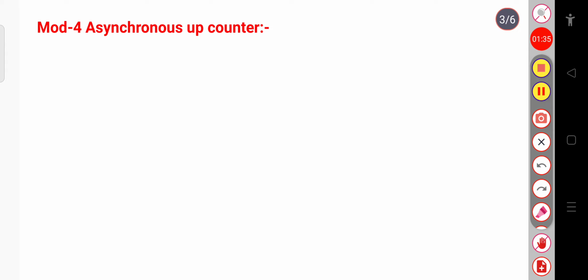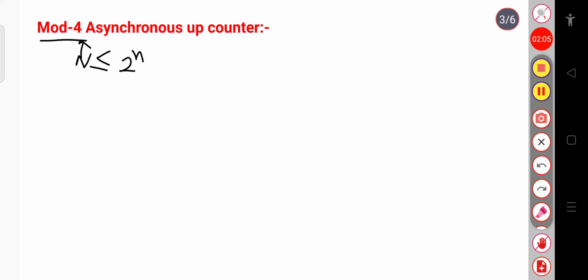Now let us construct the mod 4 asynchronous up counter. First of all, to construct a mod 4, how many flip-flops are used? We know N should be less than or equal to 2 power n, where this capital N stands for the mod N counter, that is, the number of counts. Mod 4 means the number of counts is 4.